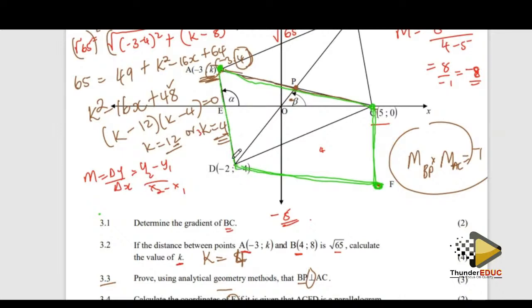So we're seeing that this DC is a diagonal. So we need to find the coordinates of the midpoint here.